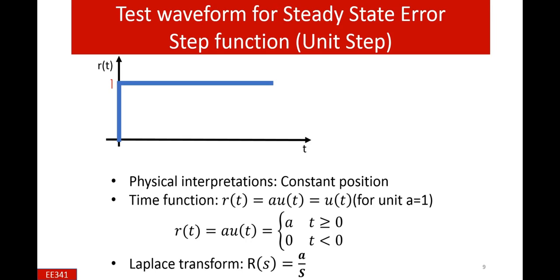Physically it is a constant value for all times, and the function exists for t equal to 0 and greater than 0. For time less than 0, the function value is 0, and the Laplace transform of this function is 1 over s, which is very important, and we may use it to analyze the steady state error for different types of systems.